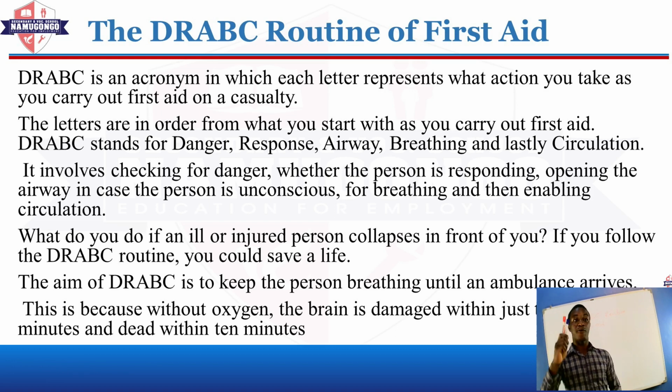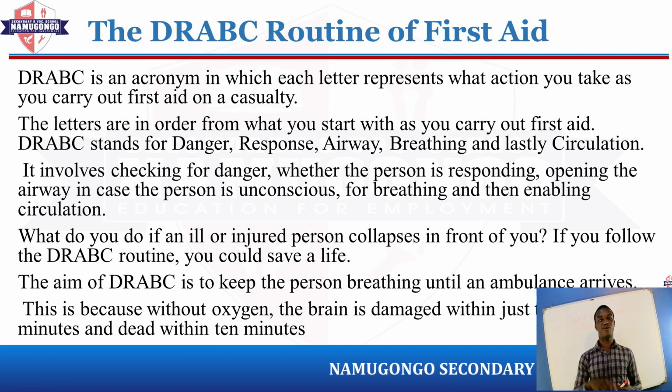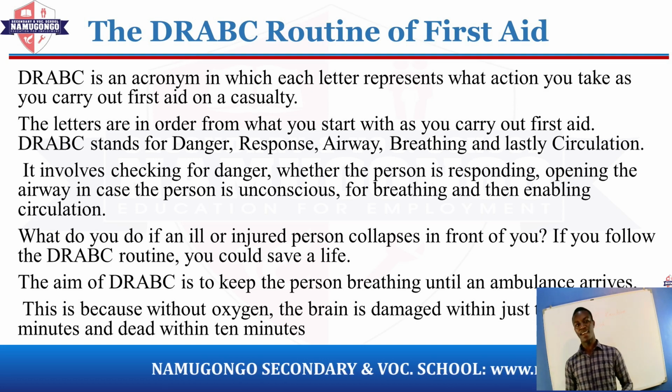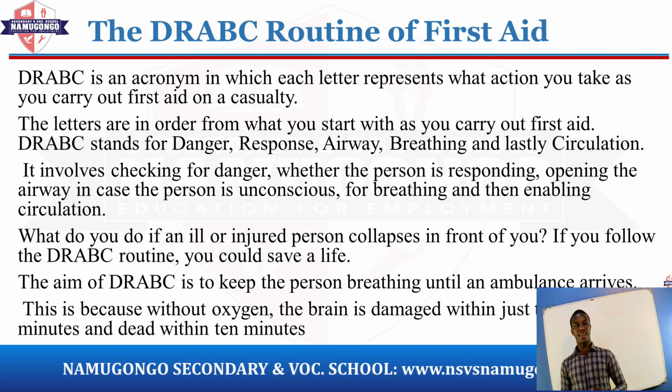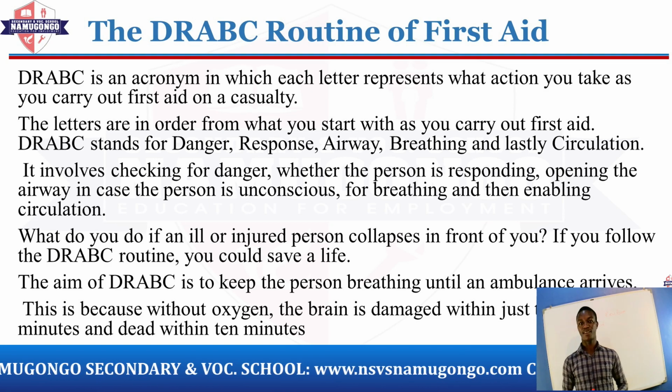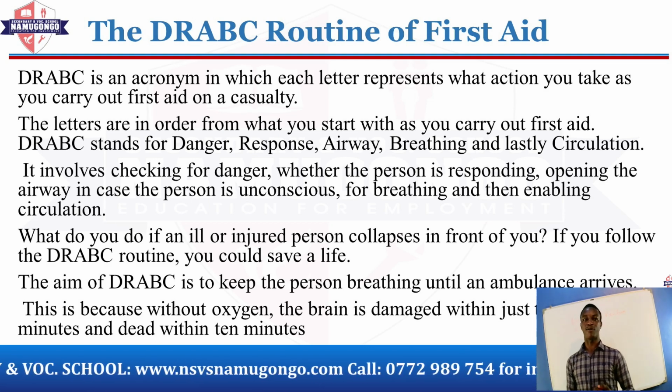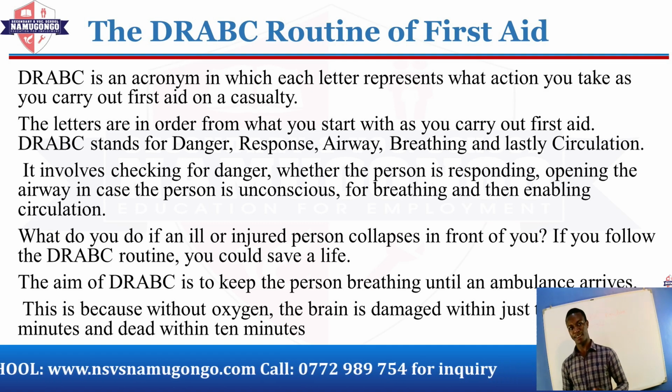DRABC, we saw it in our first segment as a keyword, and now we are explaining the keyword that we saw in the first segment. DRABC is an acronym in which each letter represents what you take to carry out first aid on a casualty.